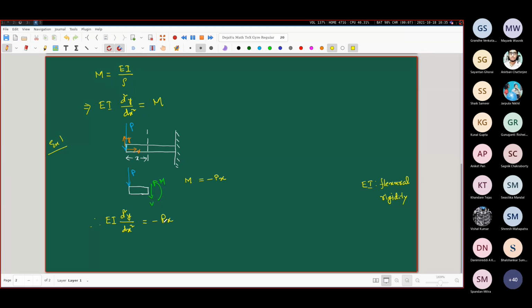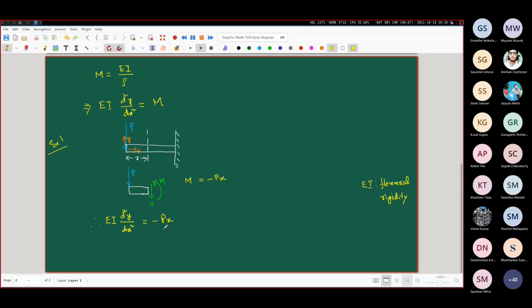Furthermore, this P value is just a constant, P itself is not a function of X. So now you see that this particular equation is a second order linear differential equation. And it can be easily solved to find out Y as a function of X. Okay, that's what we are going to do.